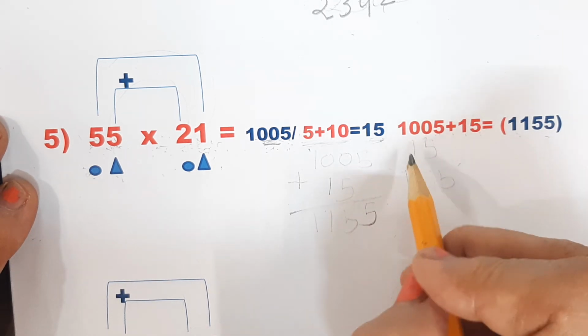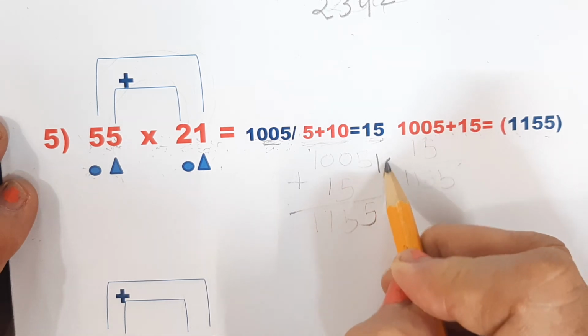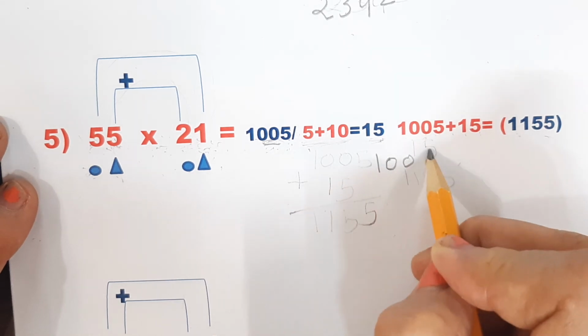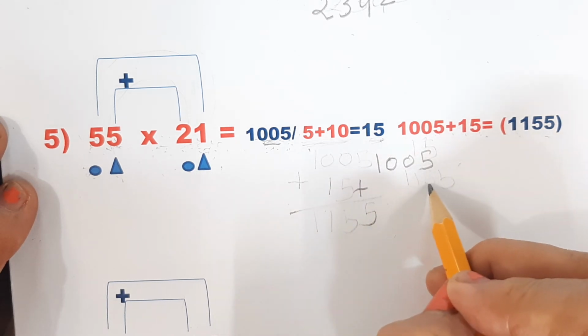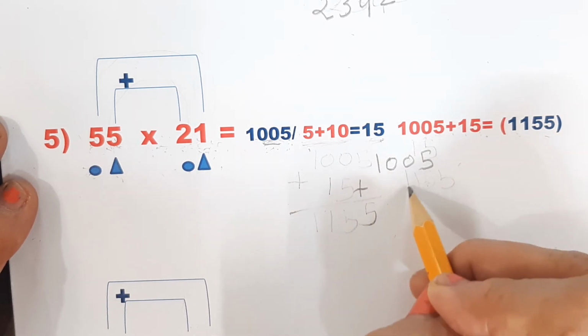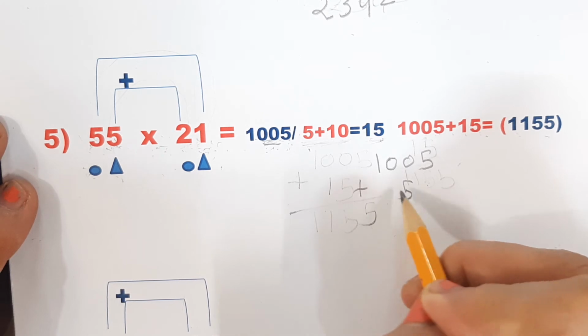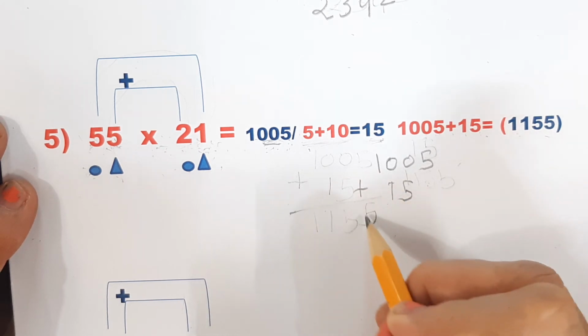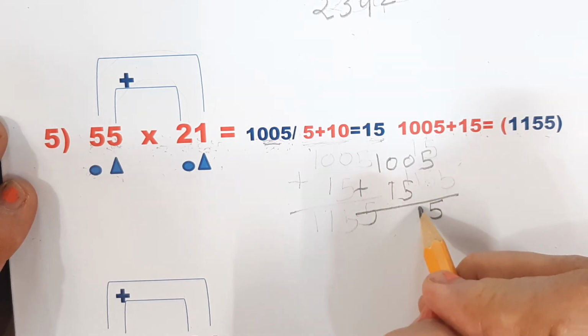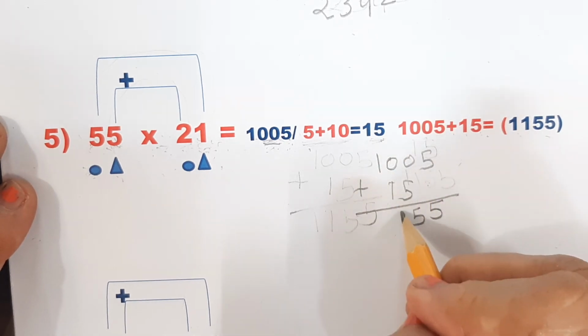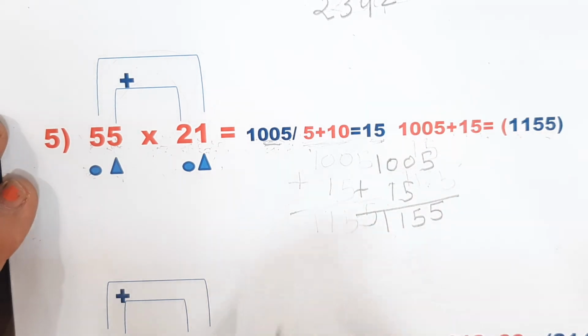Your first sign answer is 1005, and your 15 will not start from here, it will start from here. So 1, 5, 15. So the answer will be 5 5 1 and 1. So that is the answer.